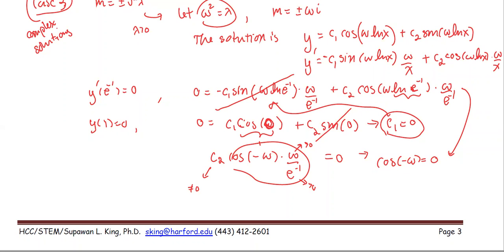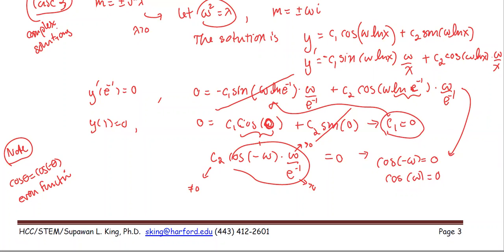Recall the trig function: cosine theta is the same as cosine of negative theta, because cosine is an even function. That means instead of looking at the case of negative omega, we look at the case of cosine omega itself equals 0.